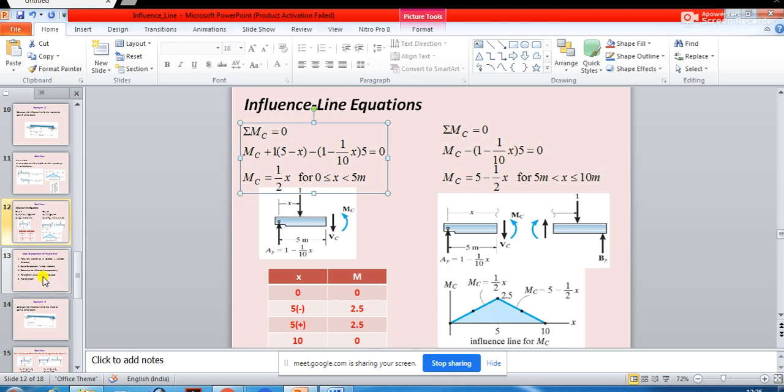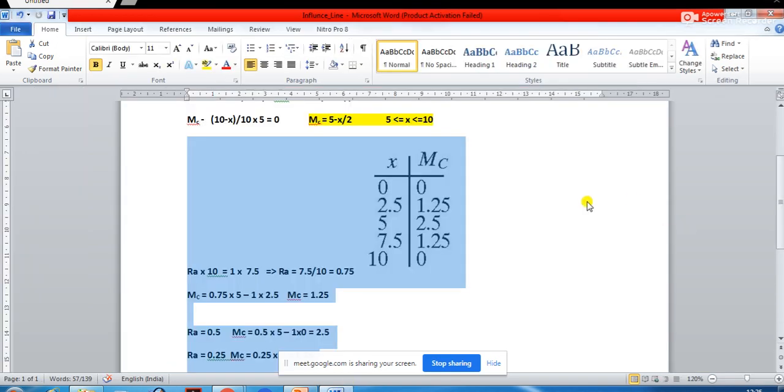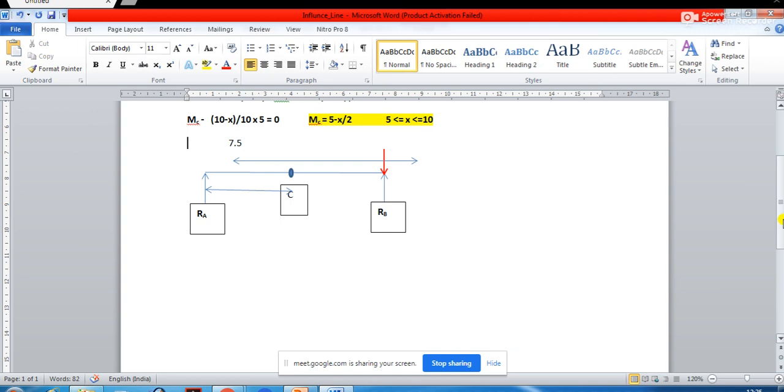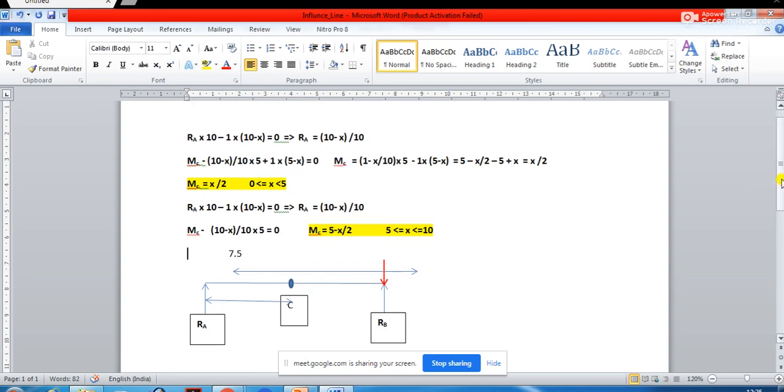So if you go back here and delete this one, let's see, the previous class we have started doing it, again we will discuss. Suppose your unit load, this is 1, is just placed at a distance x.